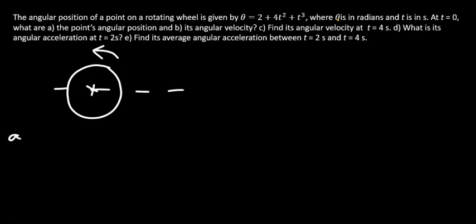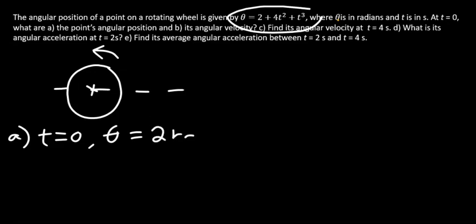So let's answer part A. At t equals 0, substituting t equals 0 in the expression for that theta, you see theta is 2 radians. So the angular position of that point is right there. What about its angular velocity at t equals 0?